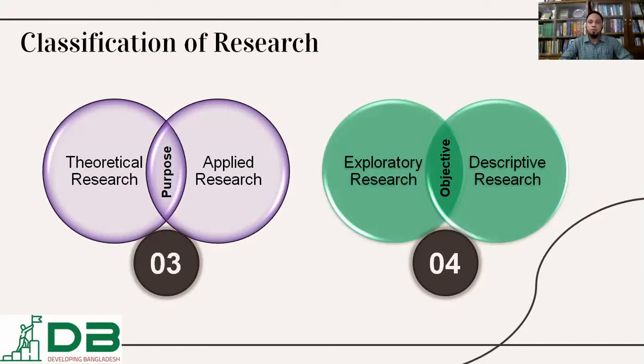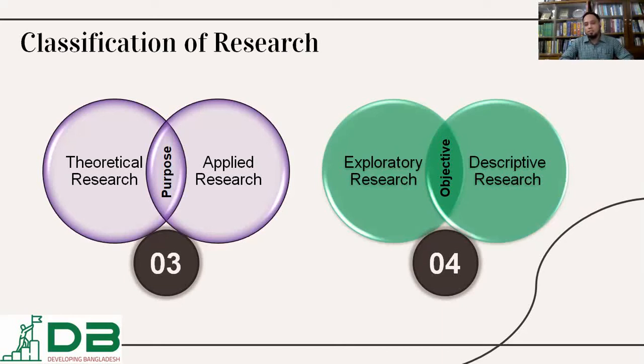For example, one very sophisticated machine is not functioning properly. Then a group of scientists may conduct a research to identify the problem of that particular machine. The purpose is from the application field, and therefore it is termed as applied research.